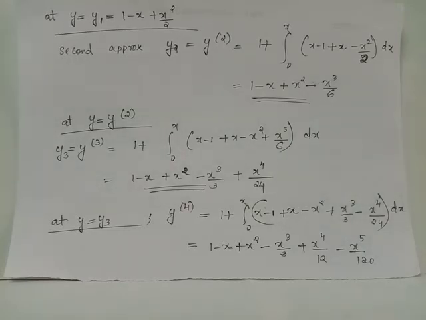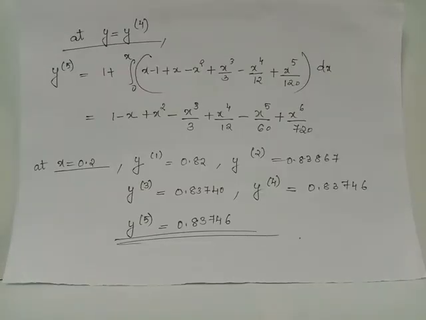We have y4 = 1 + integral from 0 to x of (x - y3). When we do the usual integration, we get y4 equals this function. Similarly, the fifth approximation is y5 = 1 + integral from 0 to x of (x - y4). After usual integration, y5 is obtained as this function.